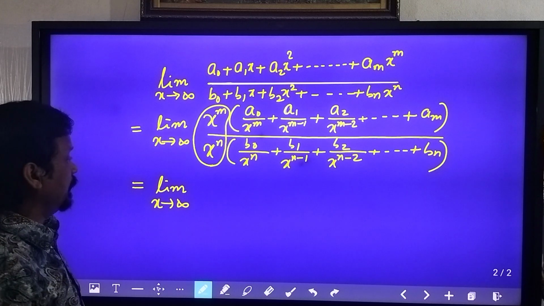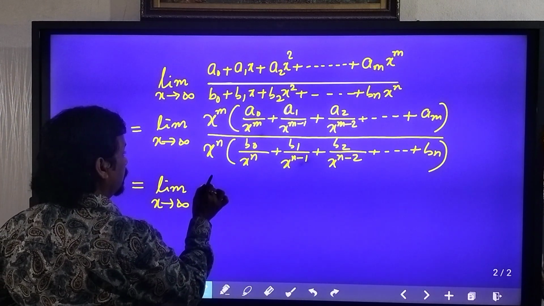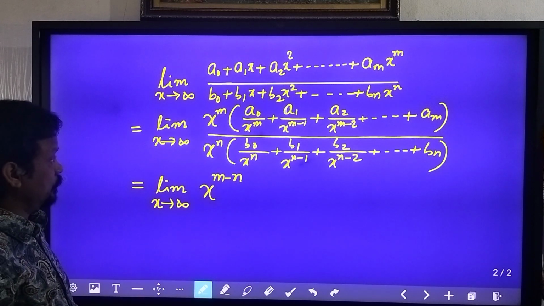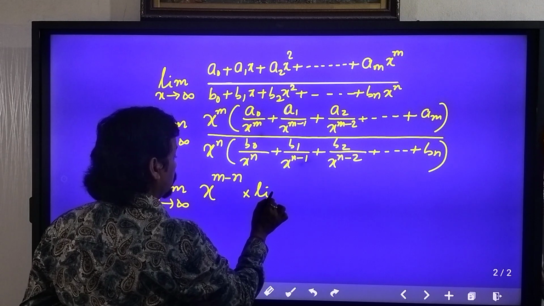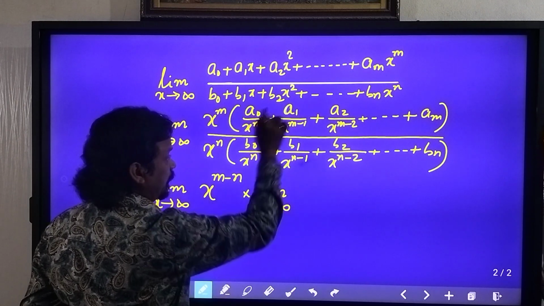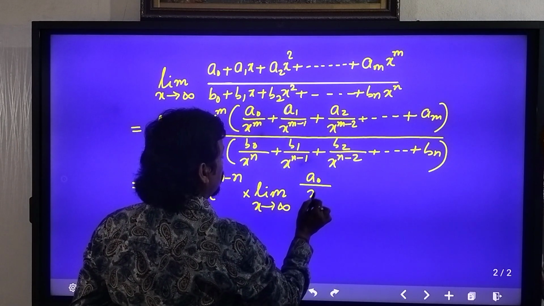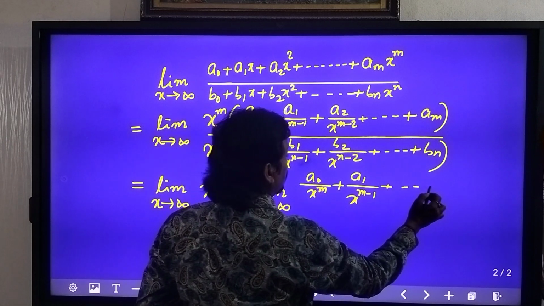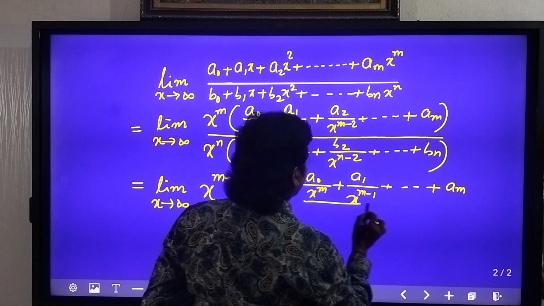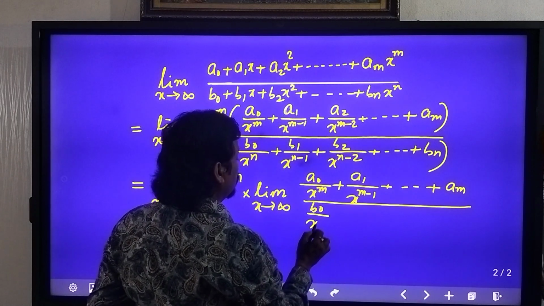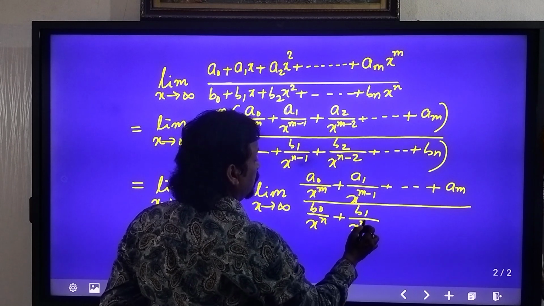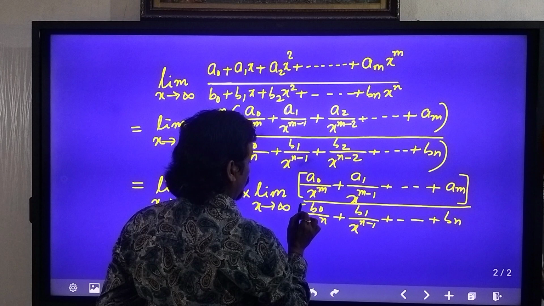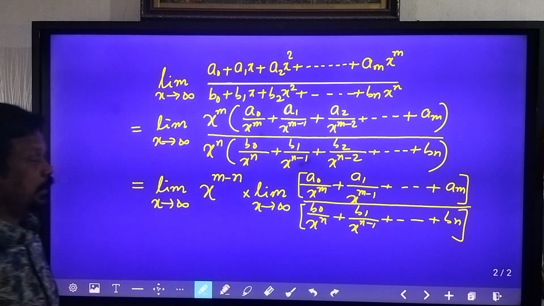This will become x to the power m by x to the power n, which is x to the power m minus n, into limit x tends to infinity, I am writing the rest part: a naught by x to the power n plus a1 by x to the power n minus 1 plus the last term am, divided by b naught by x to the power n plus b1 by x to the power n minus 1 plus bn. Clear? I have separated these two parts.